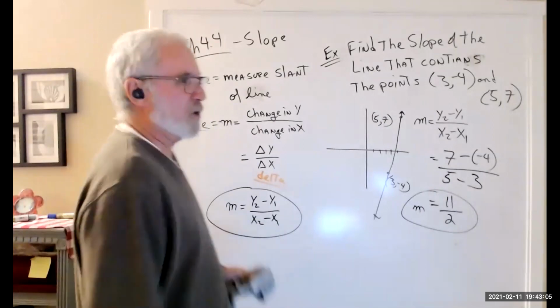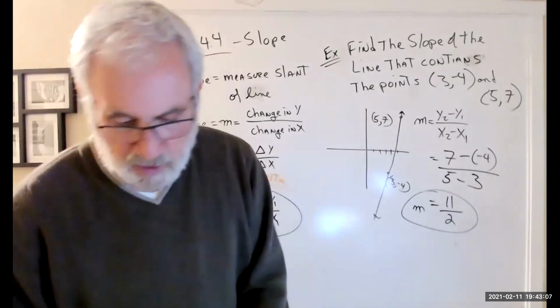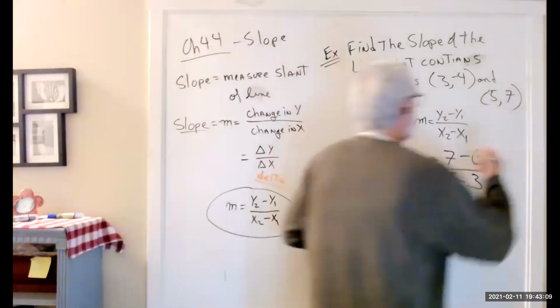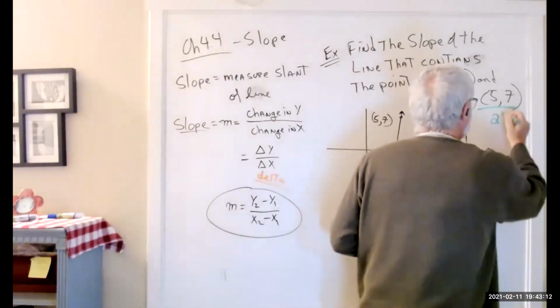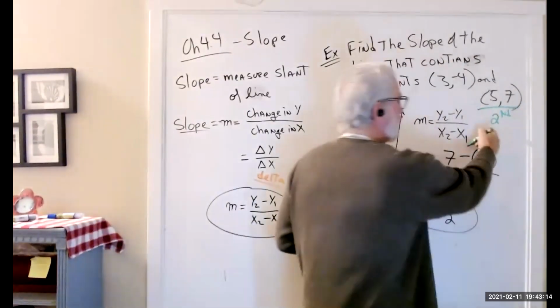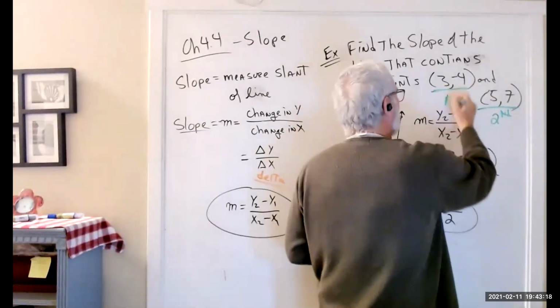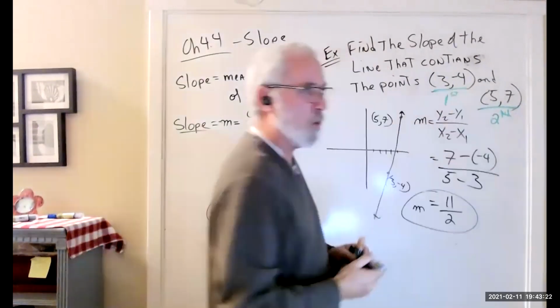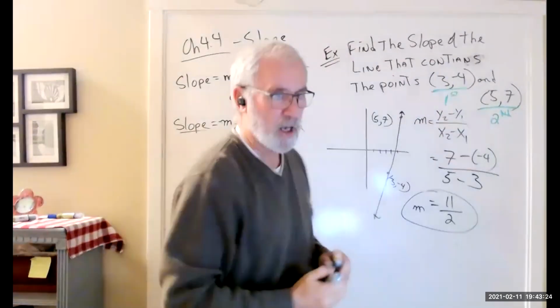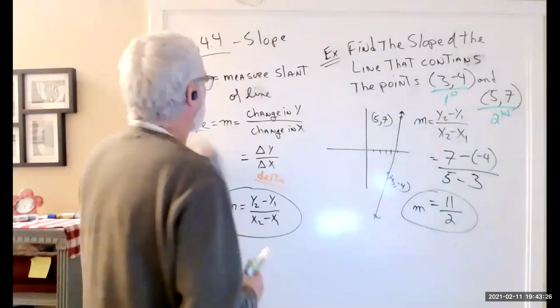Do you guys understand his question? Okay, I arbitrarily said this is going to be the second one. So that's going to be my sub-twos. And I said this is going to be my first one. Those are going to be my sub-ones. Okay, but the question is, what if I did it backwards?